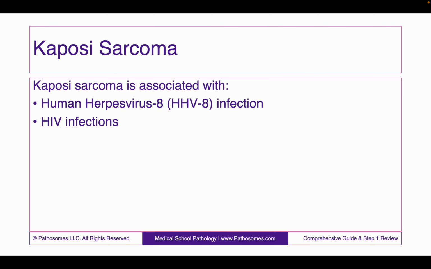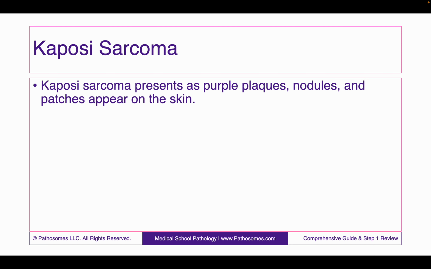Kaposi Sarcoma is associated with various viral infections, two of which you must know because you will be asked. And those are human herpes virus 8 or HHV-8, as well as HIV infections. And like we saw, Kaposi Sarcoma presents as purple plaques, nodules, and patches on the skin.